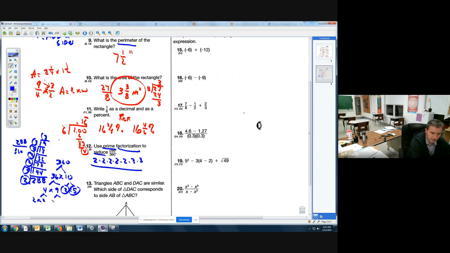And 9 gets broken down into 3 times 3. All of those are prime, so I can stop. So as I see this, I end up with 3 2's, 2 3's, and a 5. A lot of work going into this problem here.